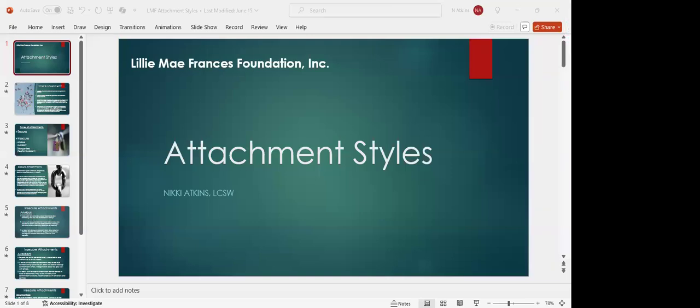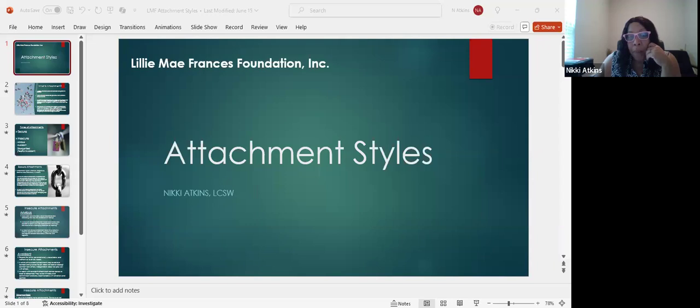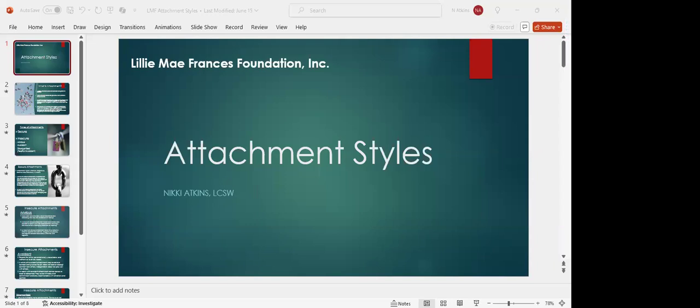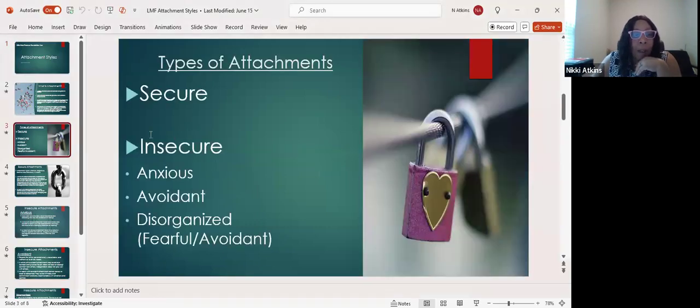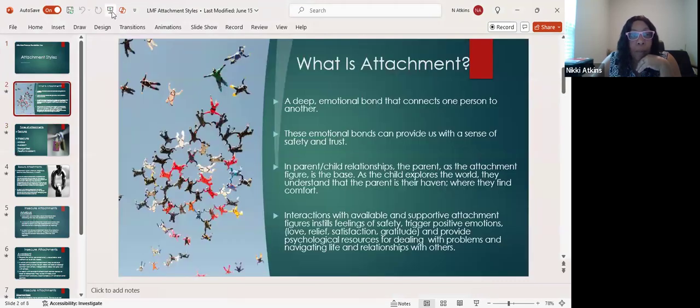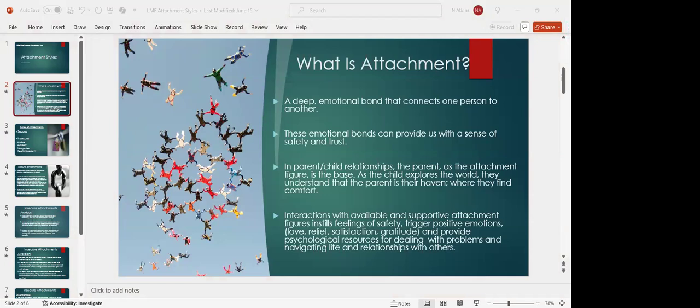Sorry, Nikki. Should we be on a different slide? What are you seeing? We're seeing the original, the initial cover page slide. Since the beginning? Yes. Okay, hold on one second. Oh yeah, I've been through several slides since then. Did it change just now? We are seeing what is attachment.